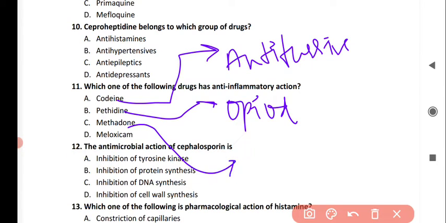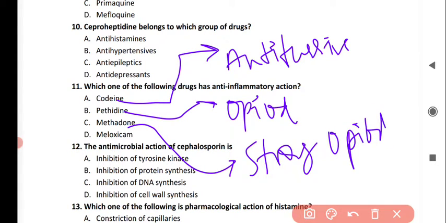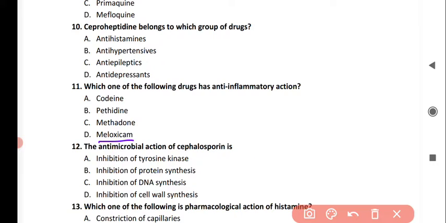Then methadone is also an opioid analgesic, and it is a strong opioid analgesic. Structurally, it is a phenylpropylamine derivative. So these first three drugs are opioid analgesics, and the fourth one is meloxicam.